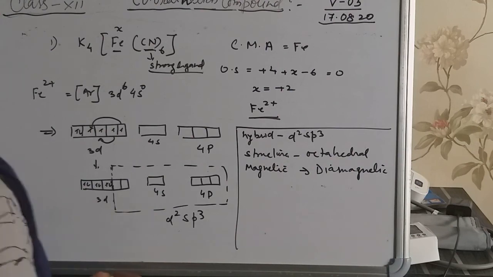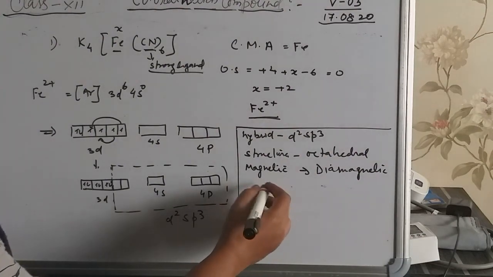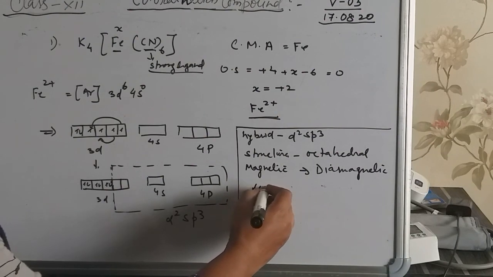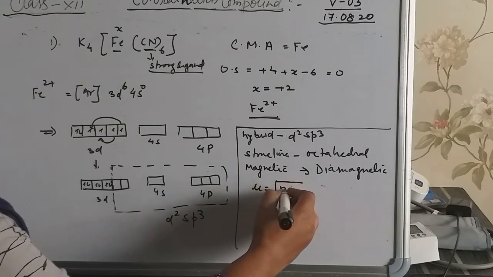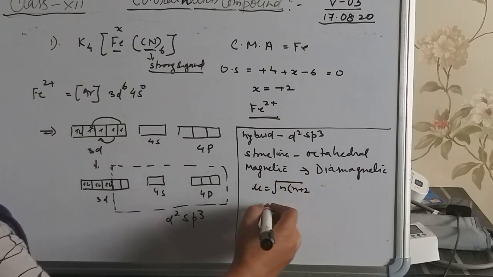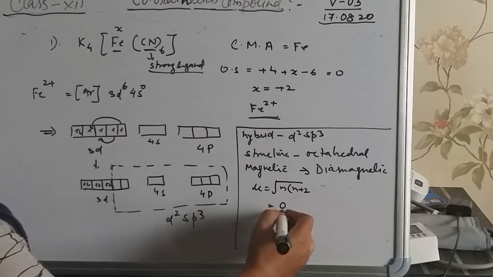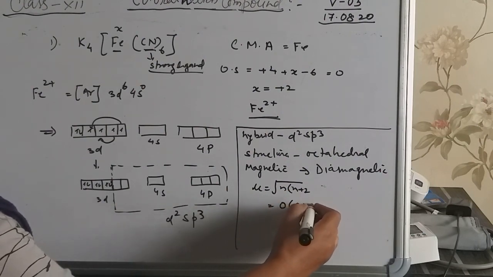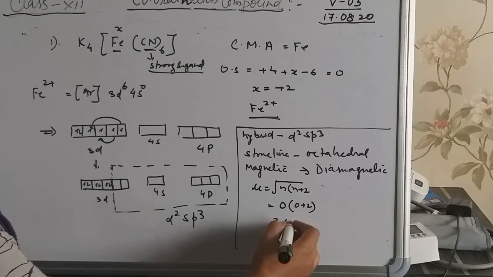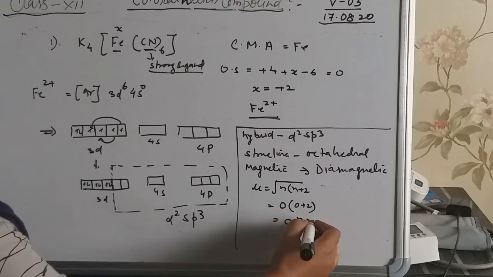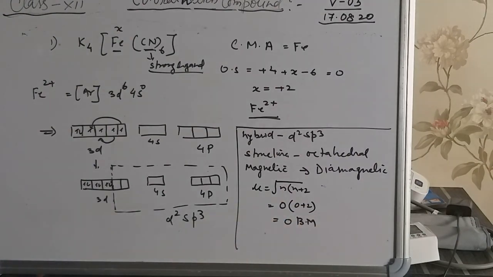And how can we find out the magnetic moment of this particular complex? So magnetic moment also depends on the unpaired electrons. So mu equal to root of n(n+2). So here there is no unpaired electron. So it comes 0 Bohr magneton, because the unit we use is Bohr magneton.